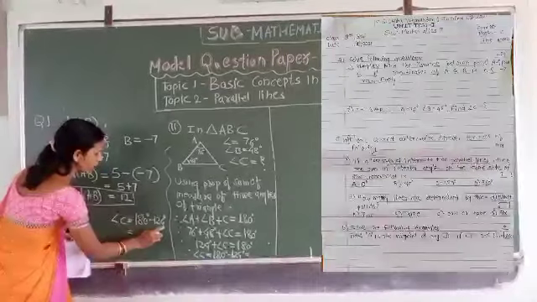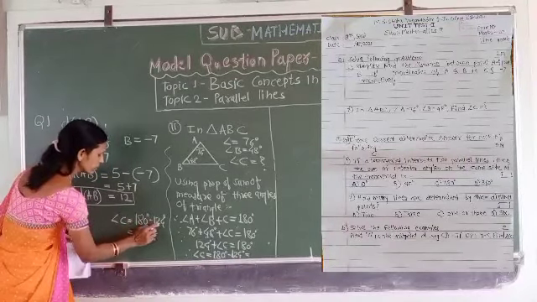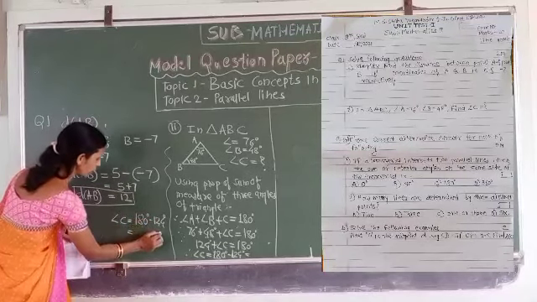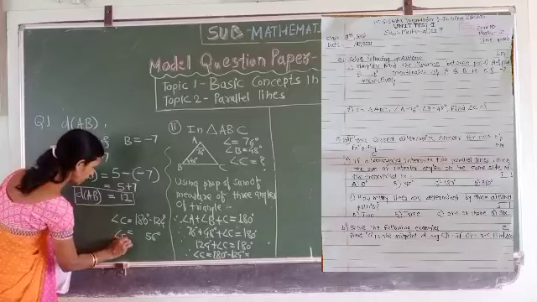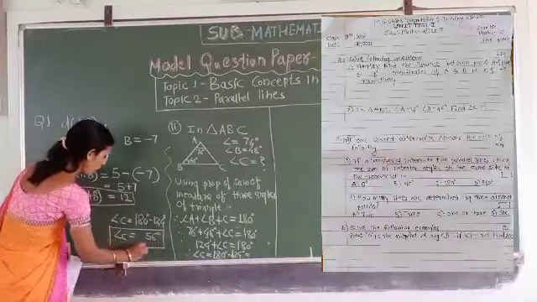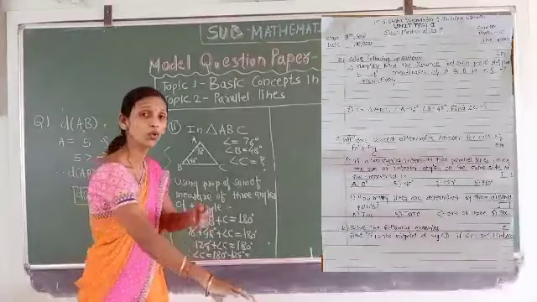Here, 10 minus 4 is 6, carry 1. 8 minus 3 is 5. And 1 minus 1 is 0. Therefore, angle C is equal to 56 degrees. That is the answer of the second example given in question number 1.